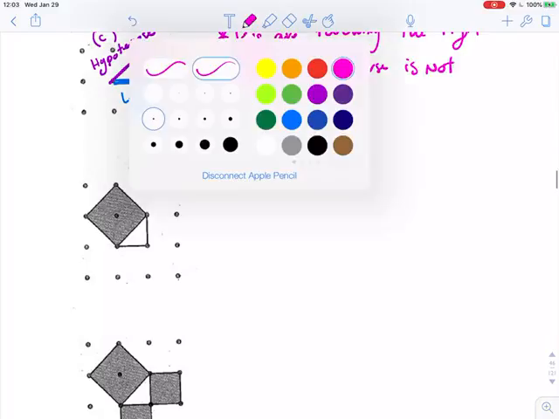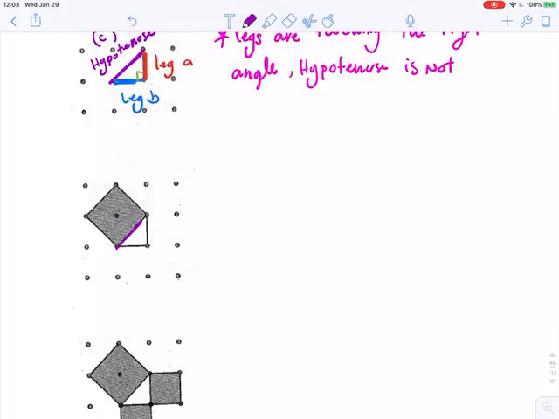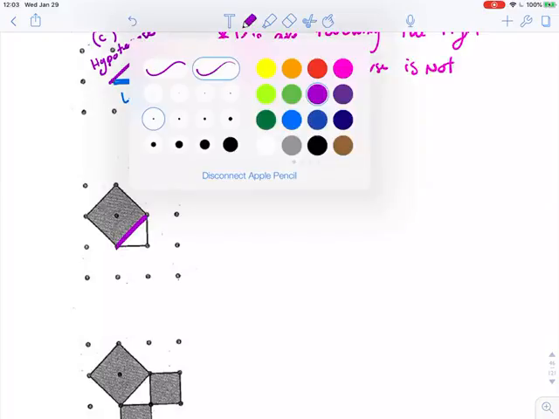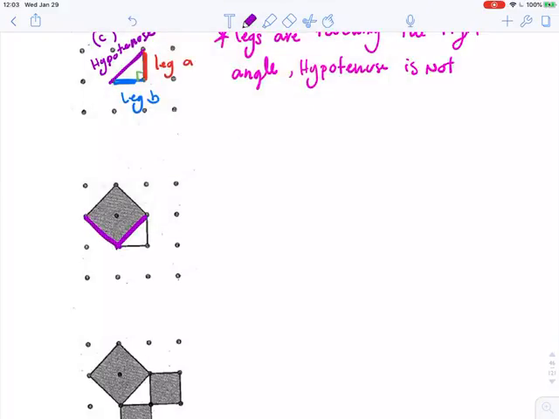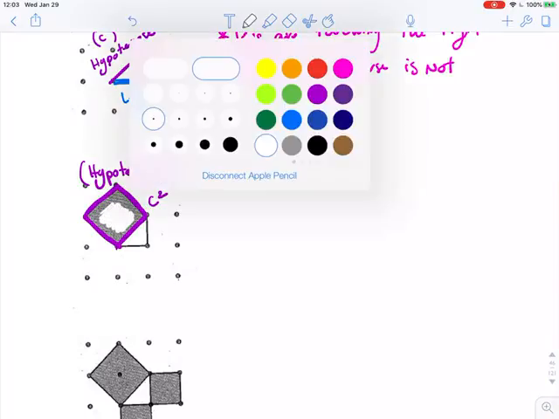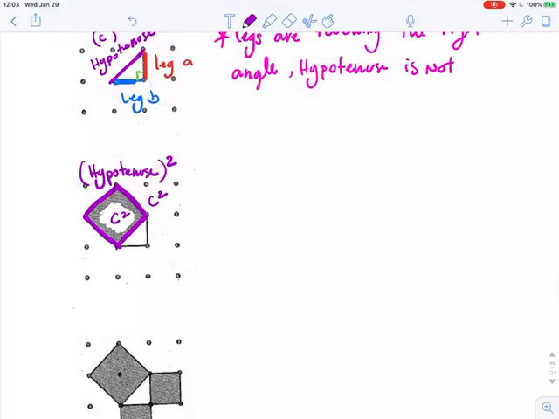Now, what they did was they found the longest side, which we called the hypotenuse, and they made it into a square. So we can call this hypotenuse squared, or for short, since it's side length C, C squared. This area here in the middle, we can call C squared.